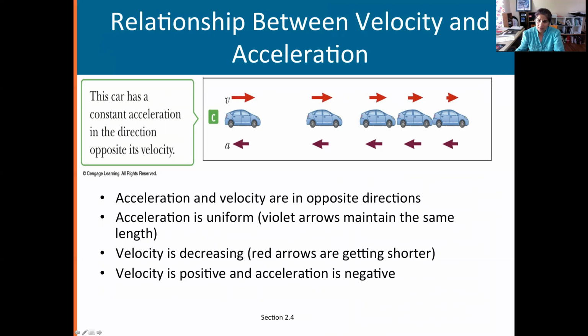Yes, it is, because they are in opposite directions. Remember, whenever they are in opposite directions, your object is slowing down. So that is indeed the case, as shown by this arrow here for the velocity vector. And the acceleration is actually uniform. The length of this arrow is not changing. So we have, again, uniform acceleration, but in the opposite direction to the motion. So with uniform acceleration, the car is slowing down.